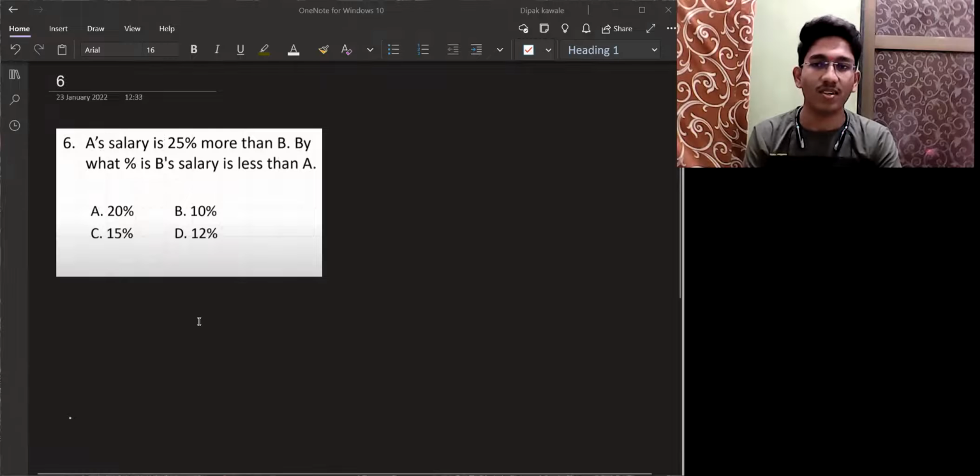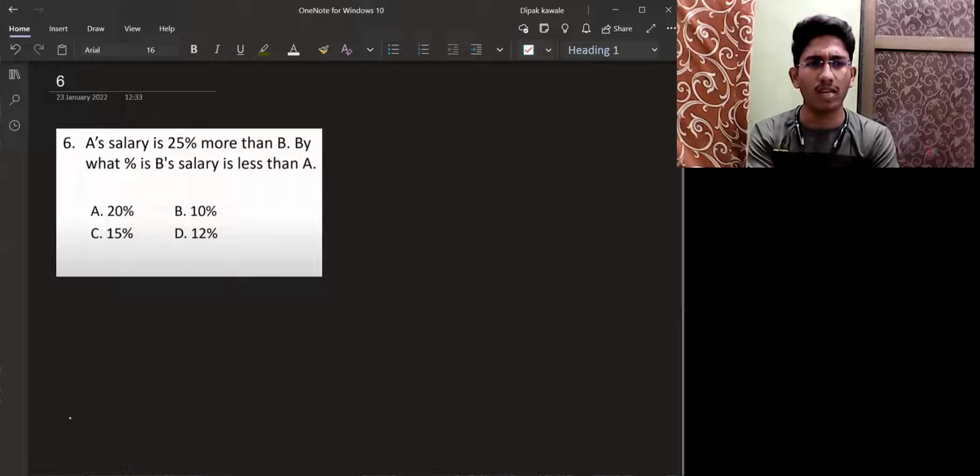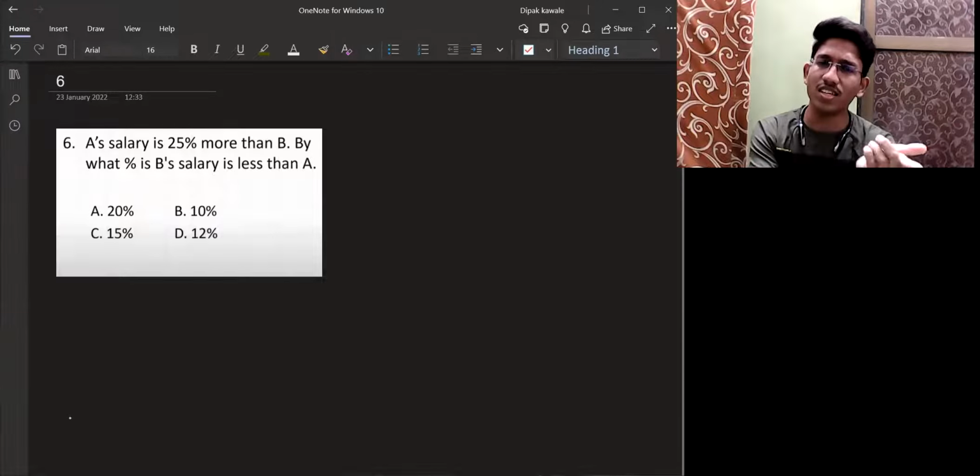Okay. So students, in this question it is given that A's salary is 25% more than B. By what percentage is B's salary less than A? Students, tell me what is the value of A. Sir, how will we know? It is not given. Yes, in this question A's and B's values are not given.